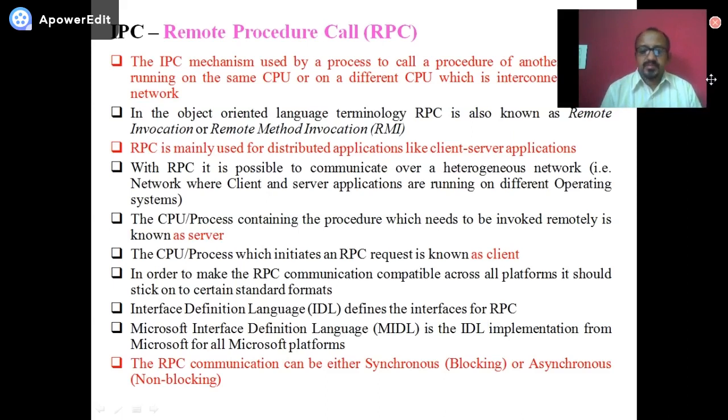Process 2 will request process 1 to initiate the remote procedure call for information interchange, and is called a client. Client and server may be on different platforms and operating systems, but the common RPC is designed for all kinds of platforms. The RPC communication can be either synchronous or asynchronous.